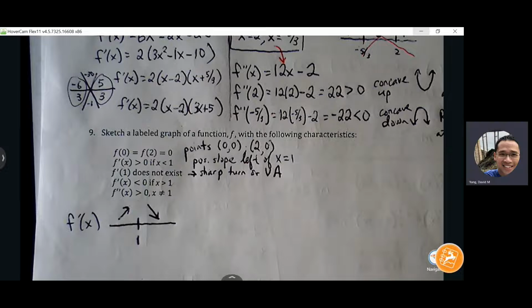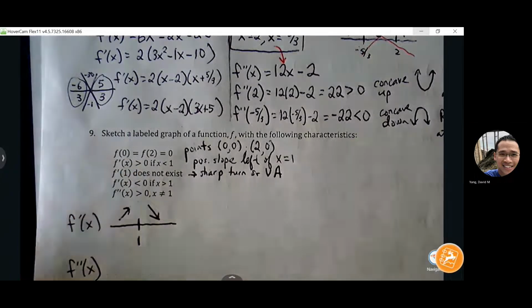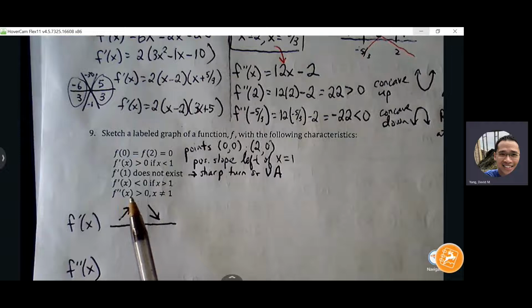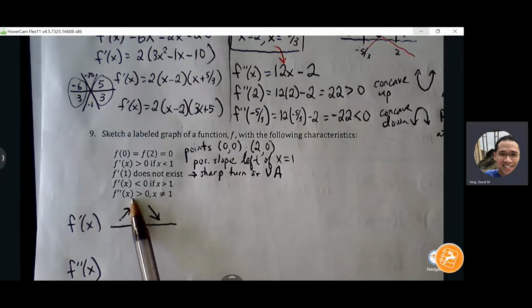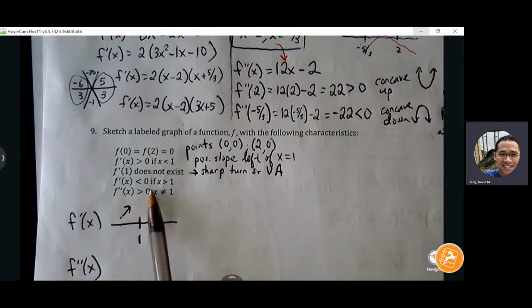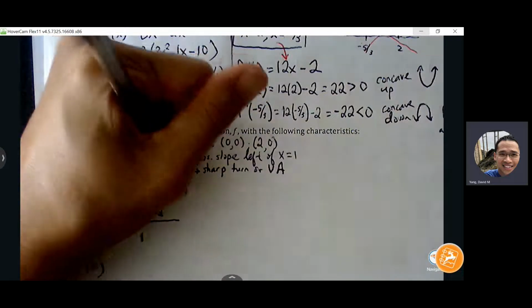Okay, we also have information about the second derivative sign line. Can we put this into words? f double prime is greater than 0. What does that mean? Concave up. Where's the graph concave up? Good, everywhere except 1.